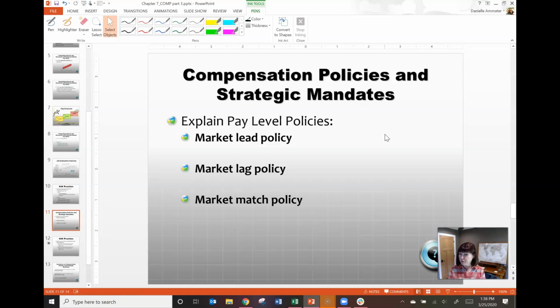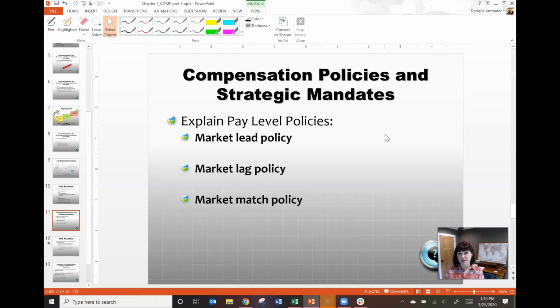And remember, you're going to have different pay structures for different types of jobs. But for this particular one, let's say you're an engineering company, and you need those engineers. That's going to be critical for you, so you would pay them more. You will lead the market for that pay structure.